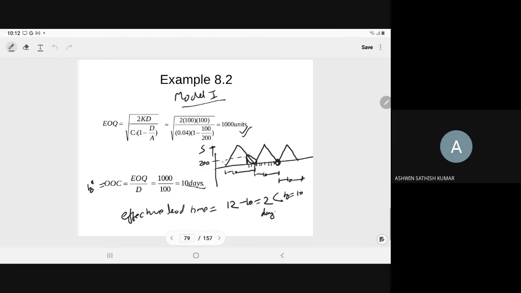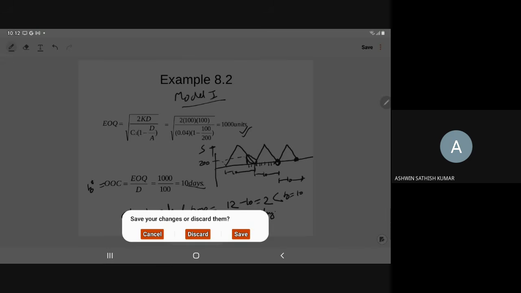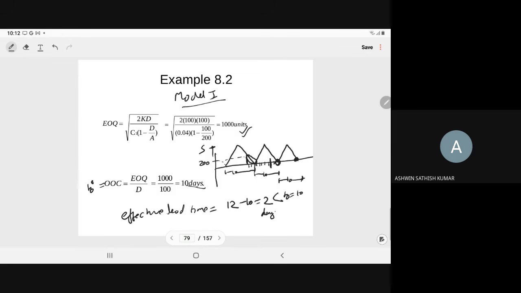At this point, when we require the item, at this level you have to reorder. Whatever you have ordered here, you have not received. So one order is pending, and current inventory level is 200 units, that is d into l. So at that time you have to reorder. So that is the optimum ordering policy.